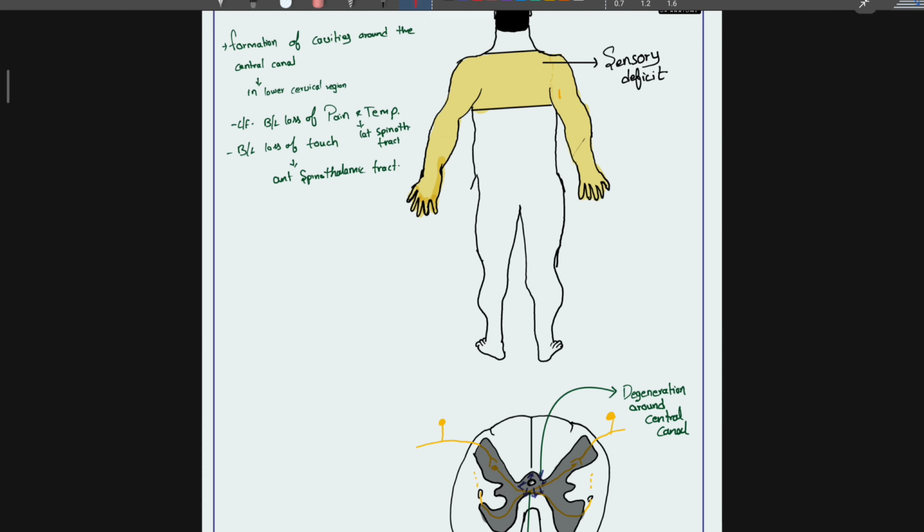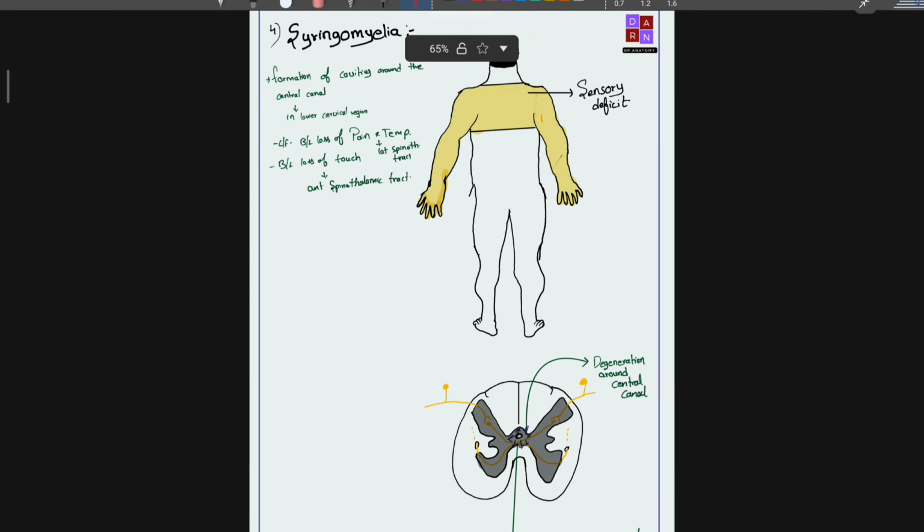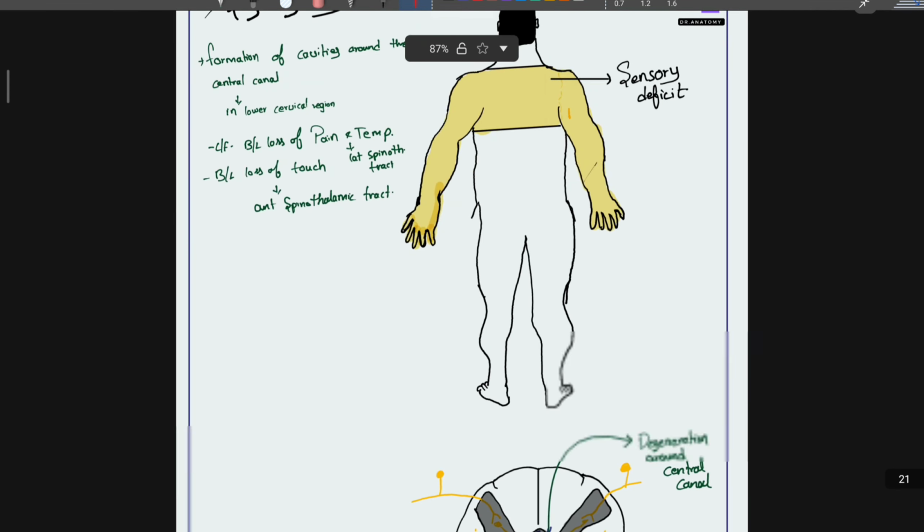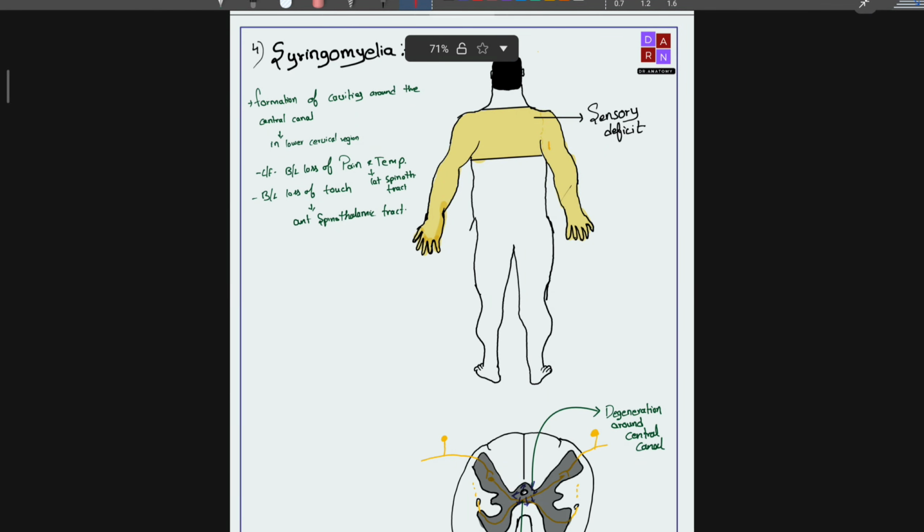The gray matter around the central canal degenerates, and you will see bilateral loss of pain and temperature, because the tracts crossing inside the spinal cord are affected. Lateral and anterior spinothalamic tracts are mostly affected.